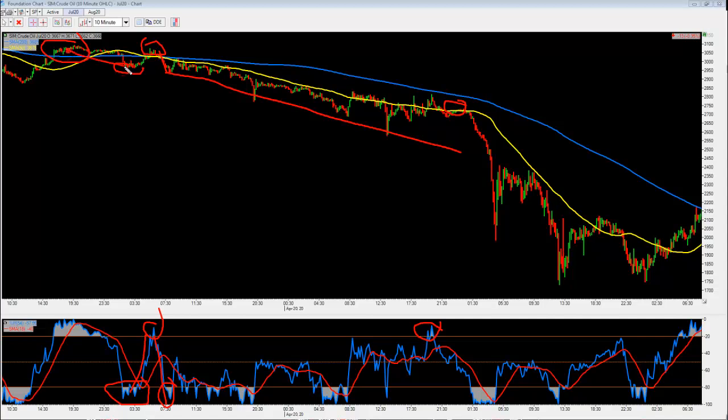So if this is 0, 1, 2, 3, then we're pushing down to here. And that right there is the other part. So we push all the way down to here.